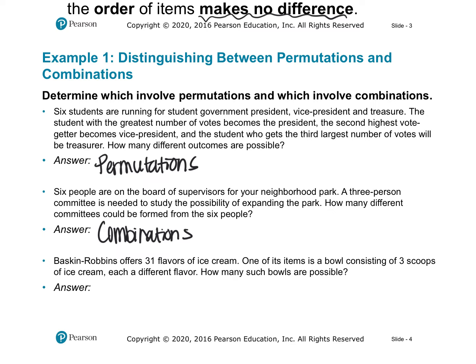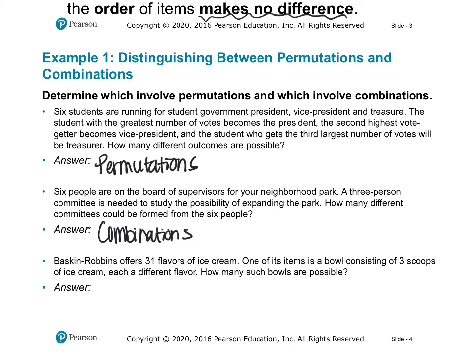All right, next, Baskin-Robbins offers 31 flavors of ice cream. One of its items is a bowl consisting of 3 scoops of ice cream, each a different flavor. How many bowls are possible? It doesn't matter which order the scoops go in.